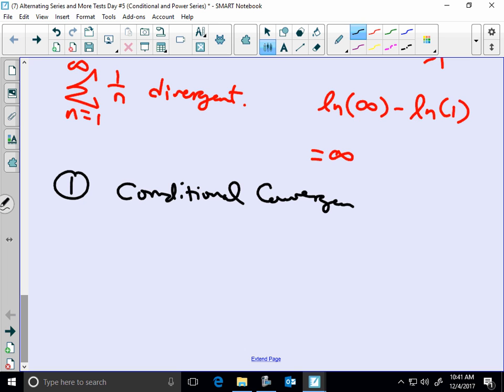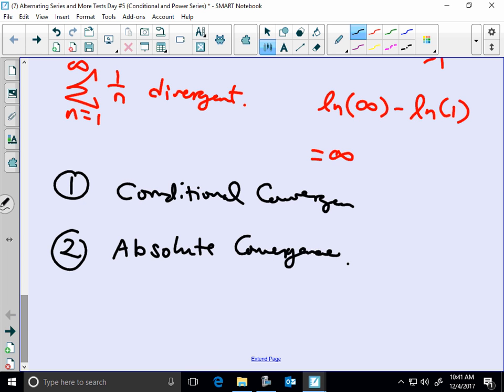The second is absolute convergence, and we can get to an example of that in a moment if you want. If both of them had come out to be convergent, it would be absolutely convergent. Since only one of them did, it would be conditionally convergent.